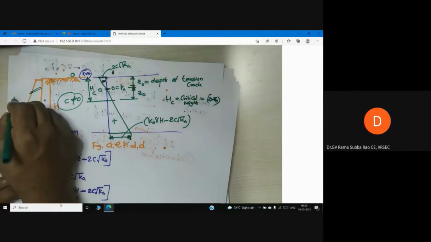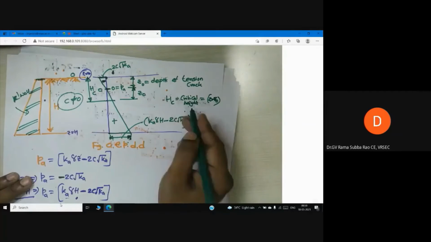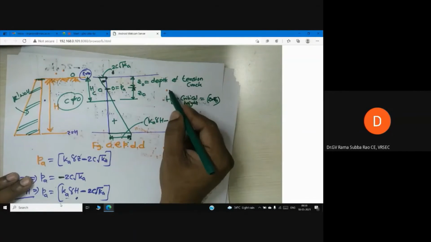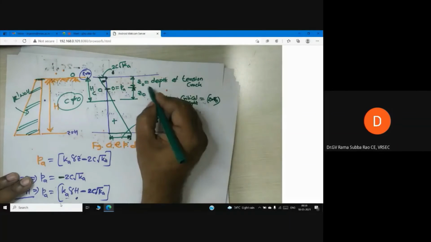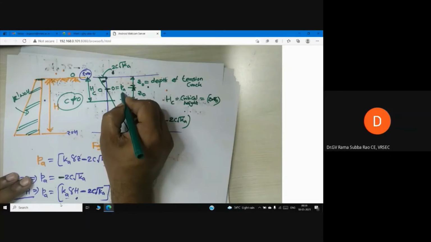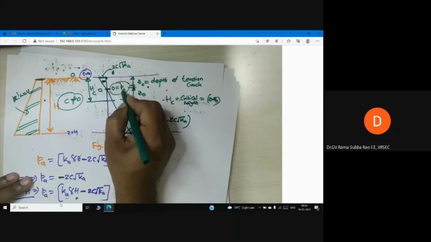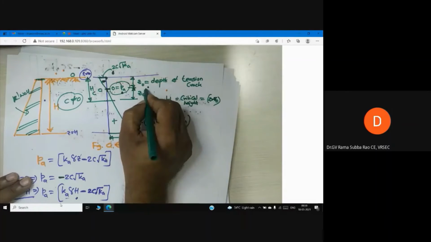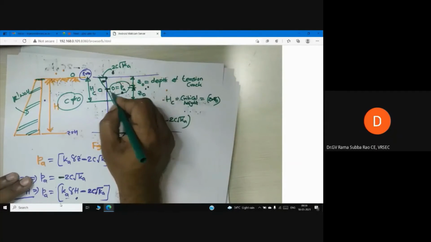Now someone can ask me, sir, how to determine this Z0? This is a retaining wall. So let us proceed now. If you want to calculate Z naught, that means the depth at which active earth pressure is 0. First, we have to understand that at some particular depth your active earth pressure is 0.